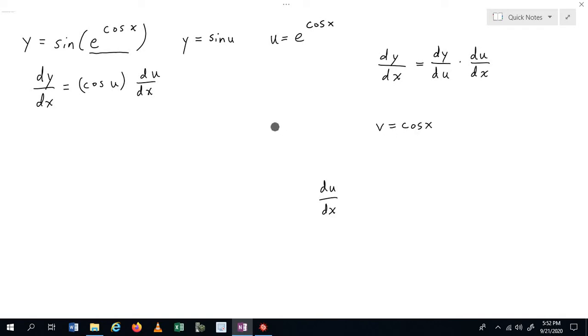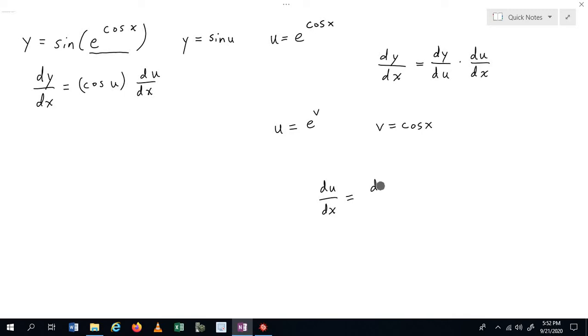Okay, if we do that, then u is equal to e raised to the v power, and that's our outer function for this composition. So this is the inner function, and this is the outer function for this composition. Notice when you plug v into here, you do get e raised to the cosine of x. Now we want the derivative of u with respect to x, and notice you can't do that directly because u is written in terms of v now. But you can still do it using the chain rule.